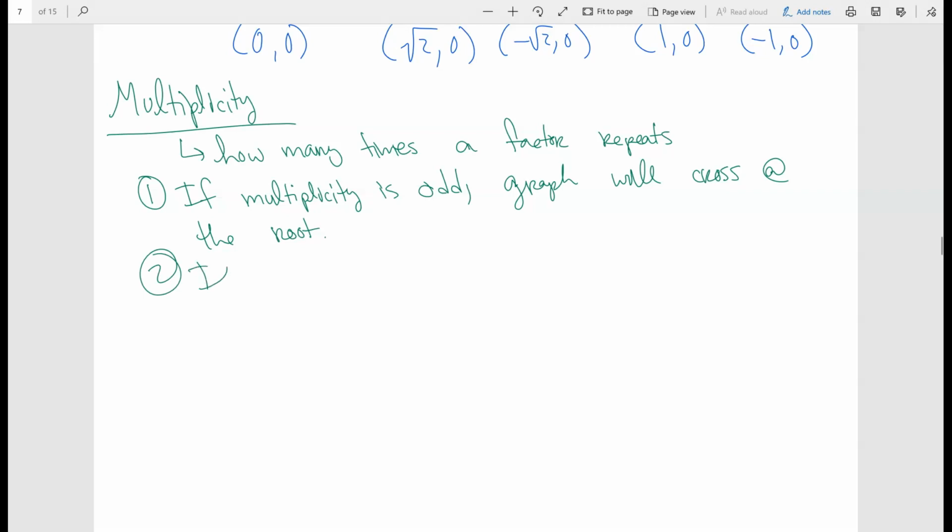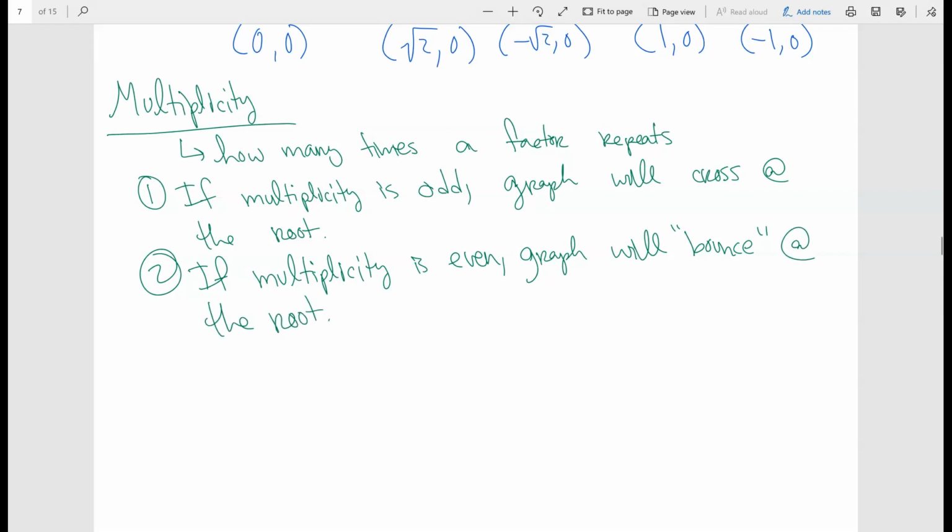Okay, if multiplicity is even, okay, so if you have an even multiplicity, the graph will bounce or touch. I like the word bounce at the root.